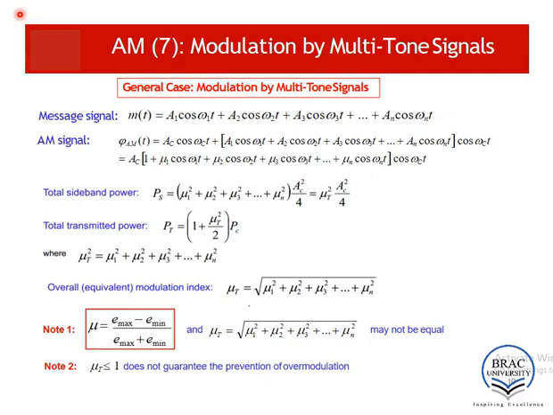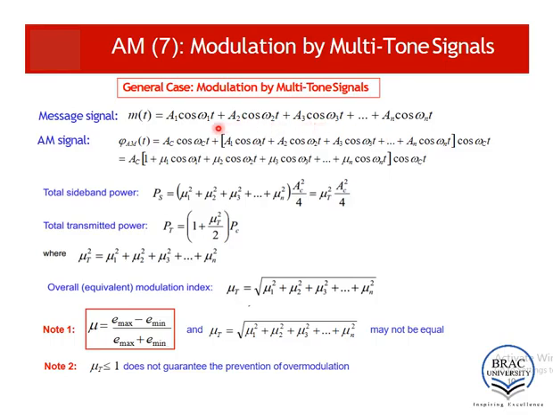Let's talk about multitone modulation. In the case of multitone modulation, the message signal consists of multiple frequency components. Here you can see the message is a sum of n cos waves which have different frequencies, such as omega 1, omega 2, omega 3 up to omega n, and they have amplitudes of A1, A2, A3 up to AN.